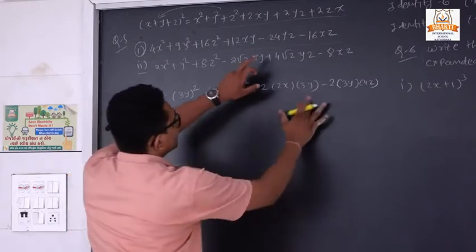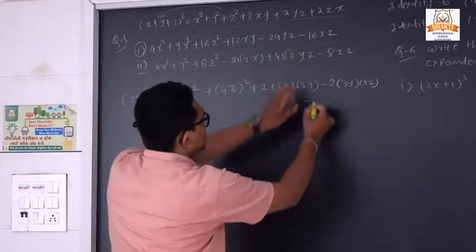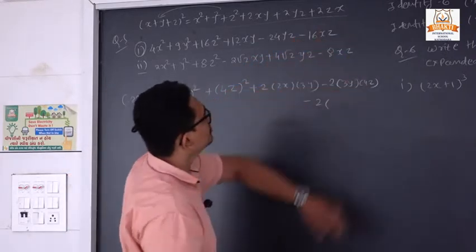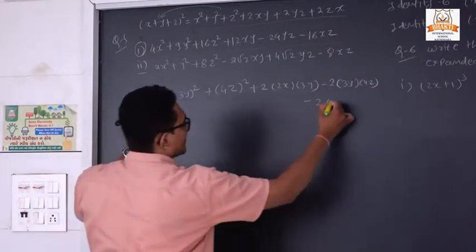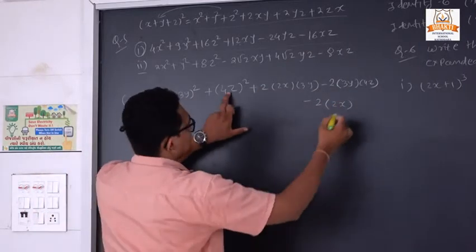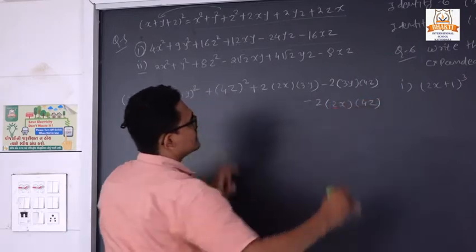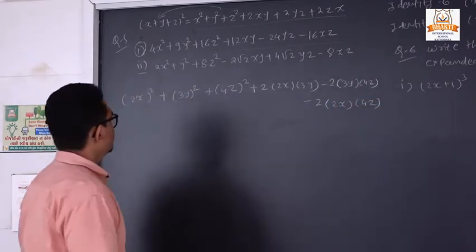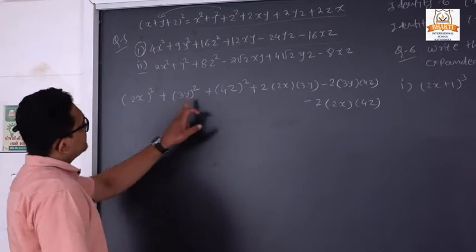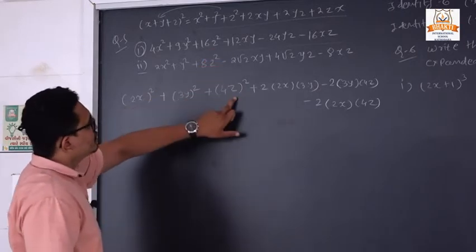Sorry, minus, because here we have a minus sign, 2 into first into last, what is first? 2x, and last is 4z. So we can convert that question into that form.